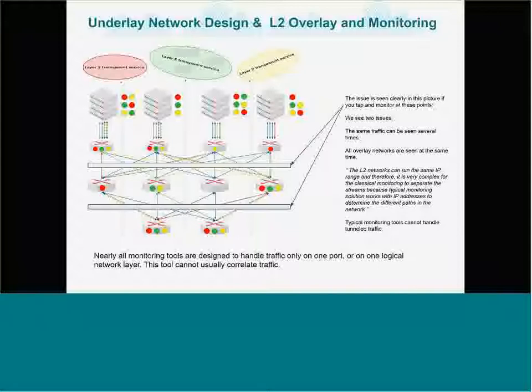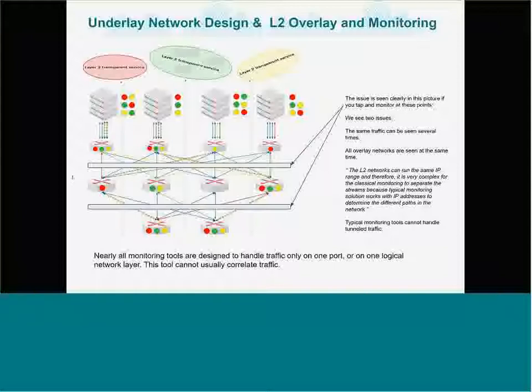What is now really the challenge on such an overlay monitoring? First of all, we have a lot of links to monitor, because everything is full meshed, and you see this in this picture. Typically you can easily have multiple dozens of 100 gig links, because today everybody does new designs in 100 gig. We have customers who have 50, 100 gig links in a data center.